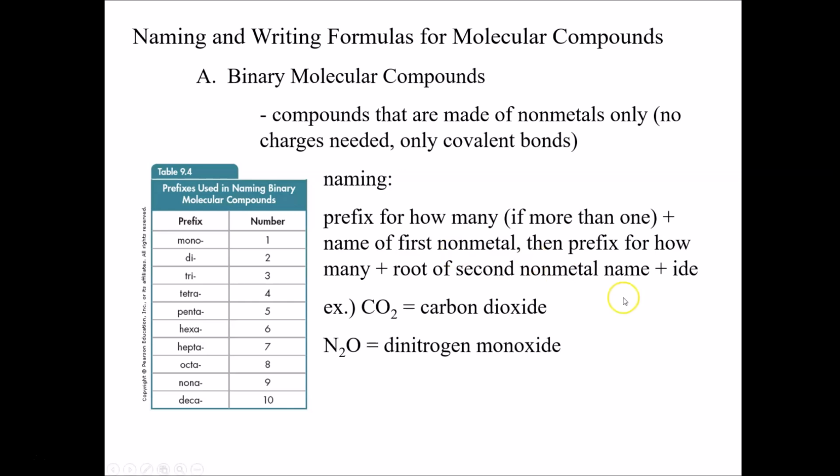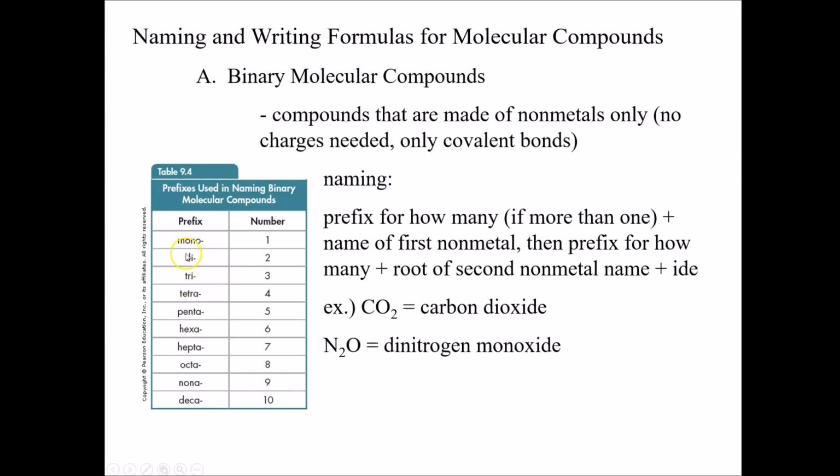But notice the spelling here. Okay? The spelling is not monooxide, because that would be two O's here, right in a row. And then that would look funny, because then you'd want to pronounce it monoxide. That doesn't make any sense. So here's what we do. Here's the little trick to all of this. If the prefix ends in a vowel, and all of them do, and the name of that element begins with a vowel, then we drop the vowel on the end of the prefix so that we don't have two vowels in a row.